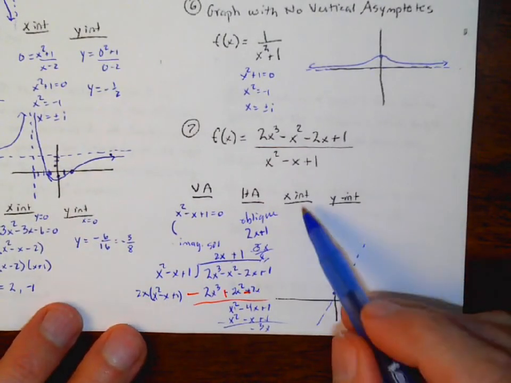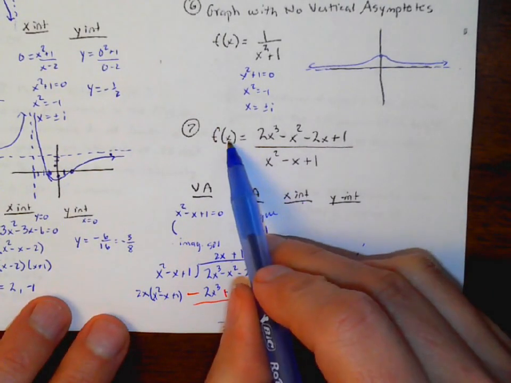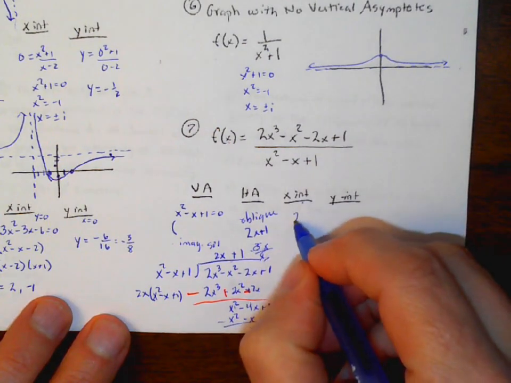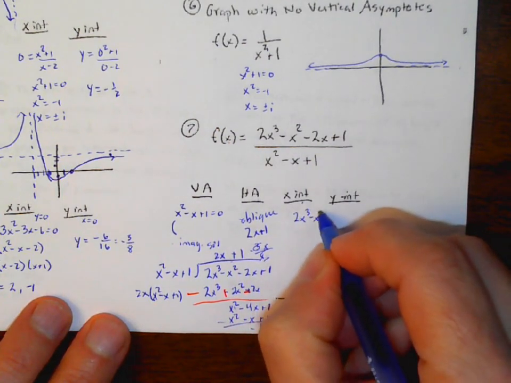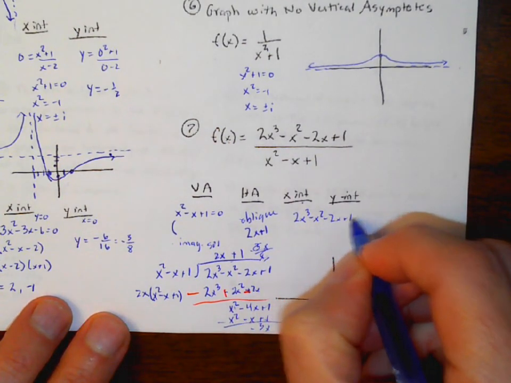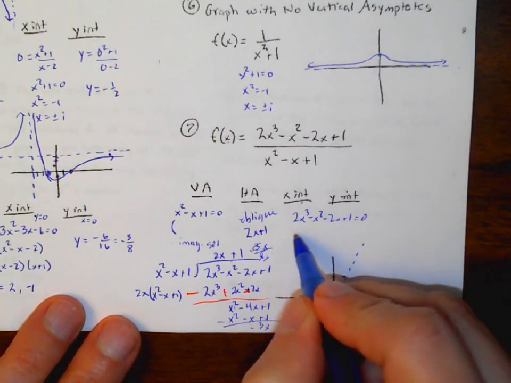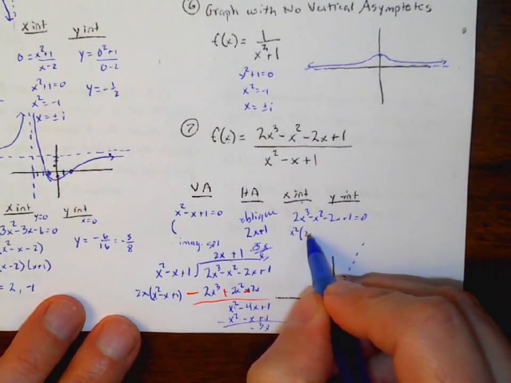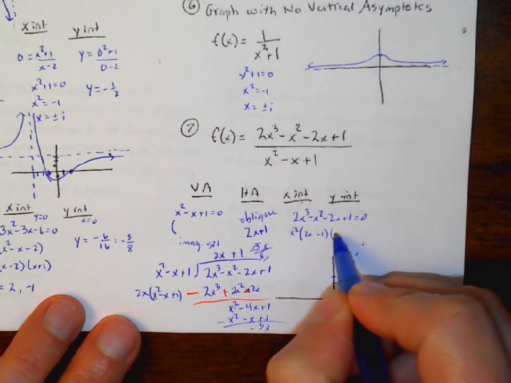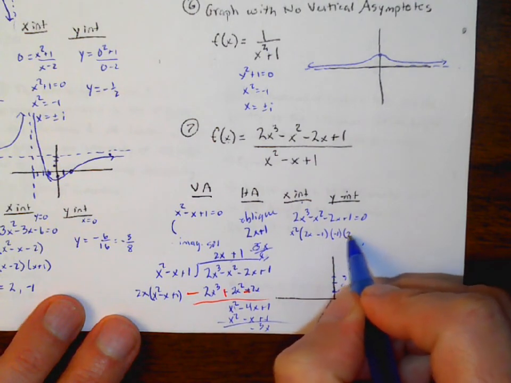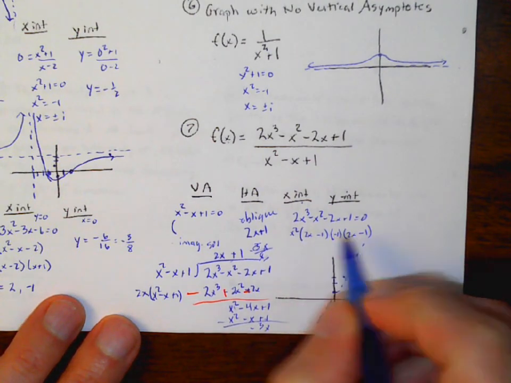Okay, the x-intercept is where I set y equal to 0. Basically it is this. So factor out an x squared, 2x minus 1, take out a negative 1, and I get 2x minus 1, using the grouping method.